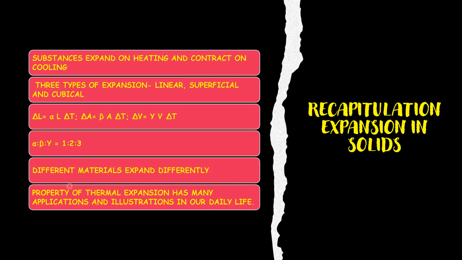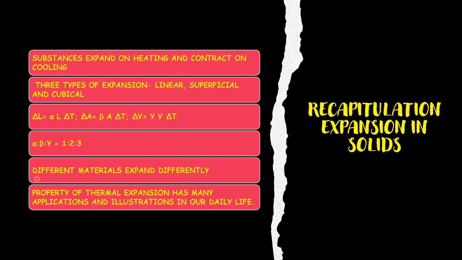One of the most important characteristics that we observed during the study of thermal expansion in solids is that different materials expand differently. It is just because every material has a different coefficient of expansion. Copper will have a different coefficient of expansion as compared to brass, aluminium and so on.